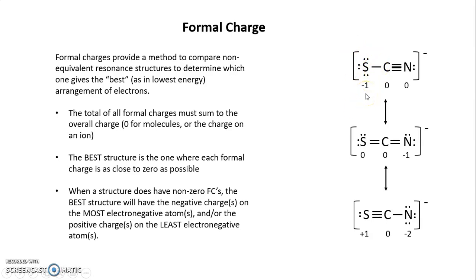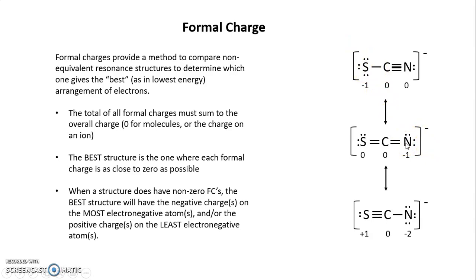Okay, so in this case, now we have to decide, is this the best structure or is the one with 2 double bonds the best structure? The only difference between those is where we chose to put that negative sign. In this case, it's on the nitrogen, and over here it's on the sulfur. If you remember our general rule, both of these atoms are sort of one space removed from oxygen.